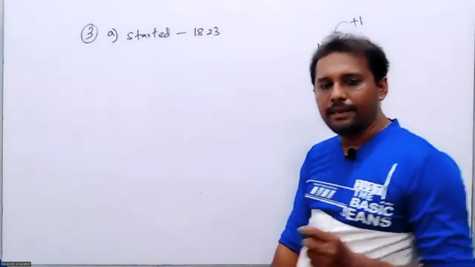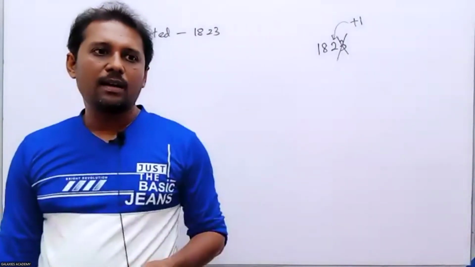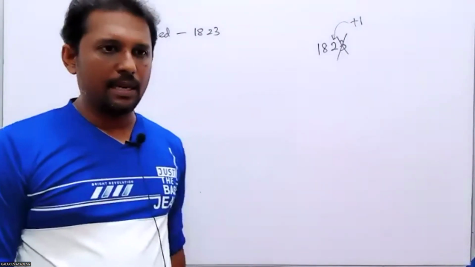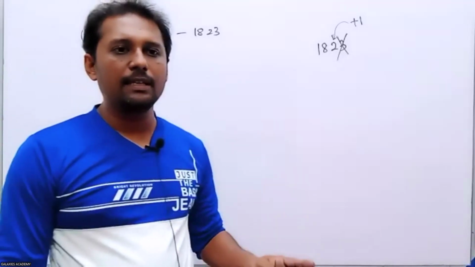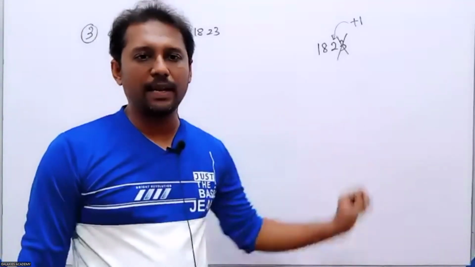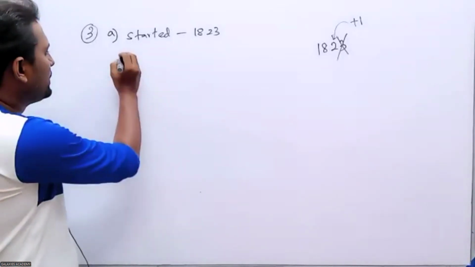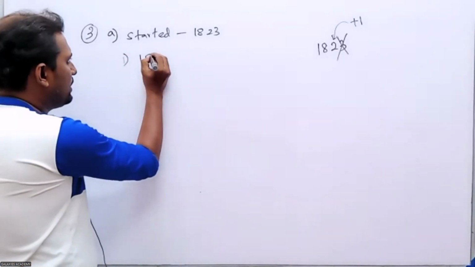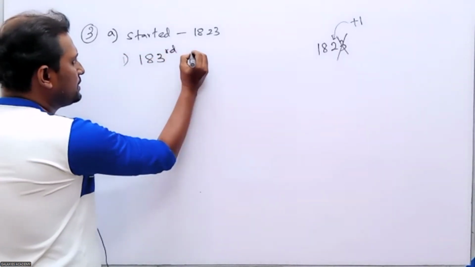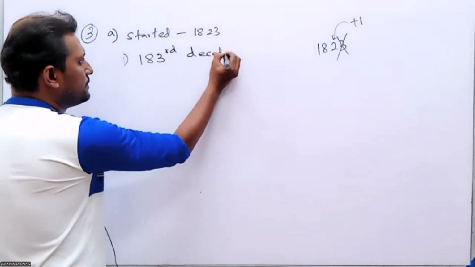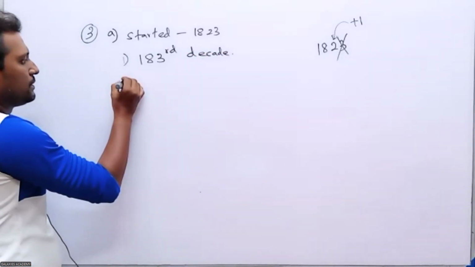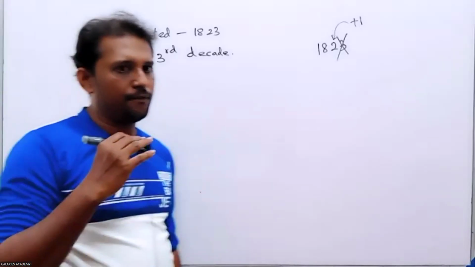So what is the decade? The 183rd decade. Decade, century, millennium, you have to write as the position value. So the 183rd decade. It is the first part.